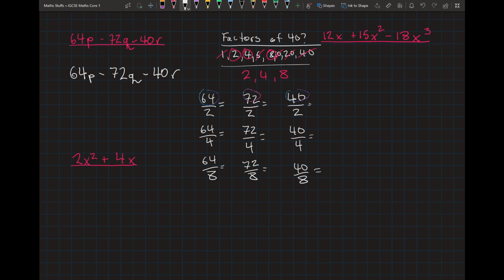Alright, so 64 divided by 2 is 32. 72 divided by 2 is 36. 40 divided by 2 is 20. 64 divided by 4 is 16. 72 divided by 4, 18. 40 divided by 4 is just going to be 10.